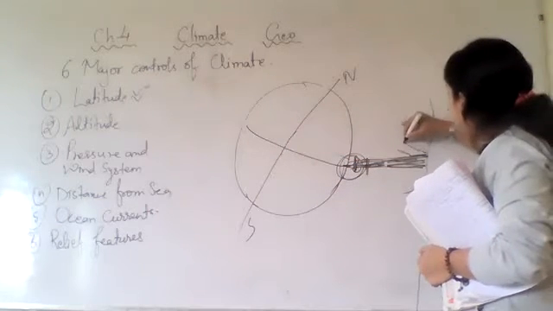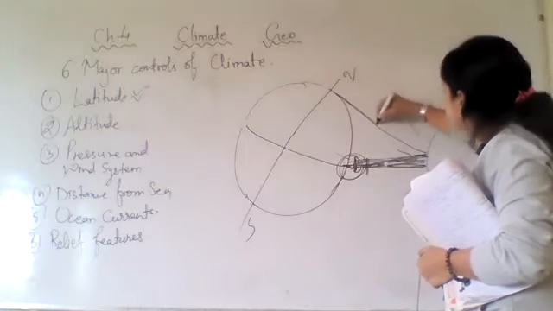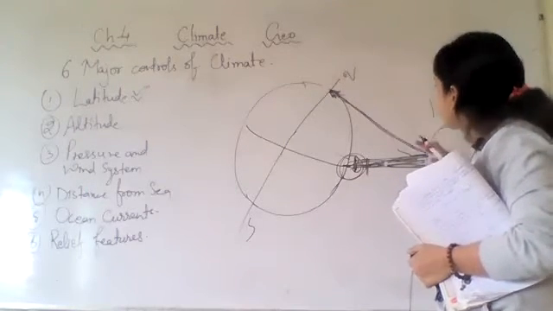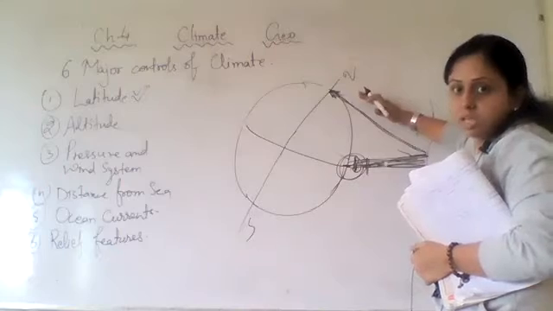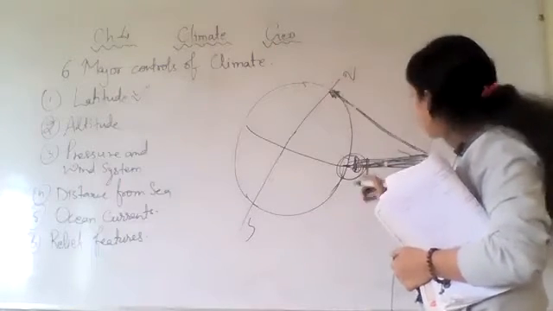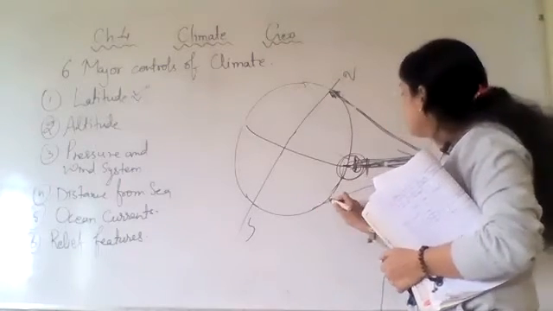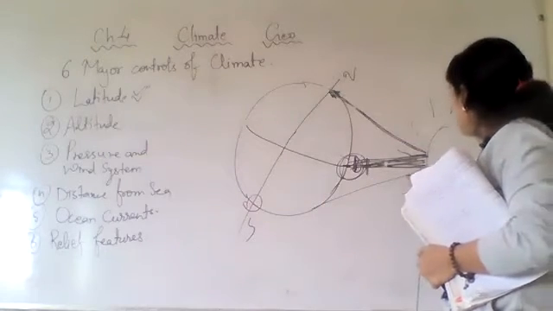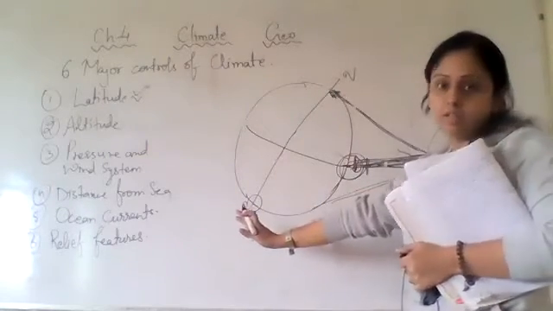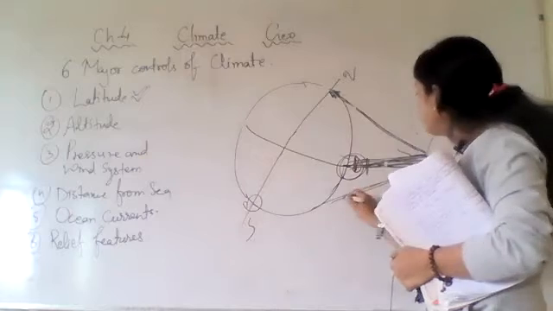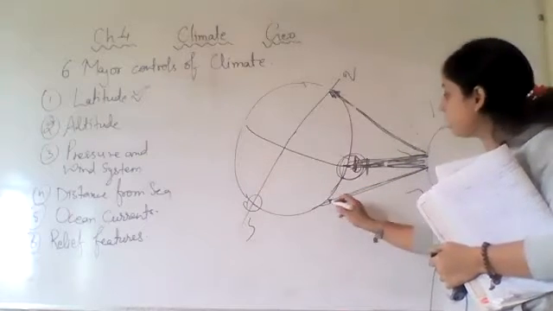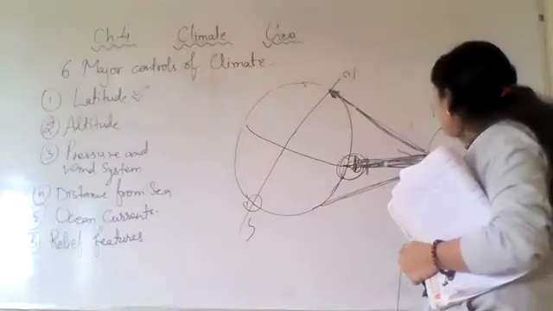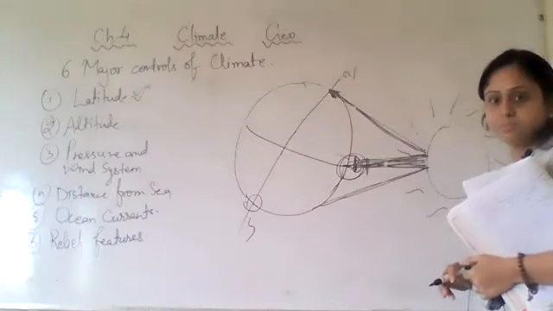But when the sunlight goes till here, you will find it is going in a slanting way. When it goes to the poles, it will not reach here, if you see. Understood? Because our Earth is tilted, at this time it will not reach the South Pole. If it is reaching the North Pole, it will not reach the South Pole.